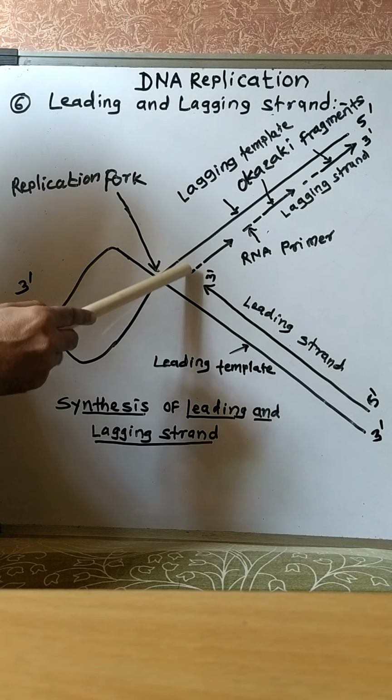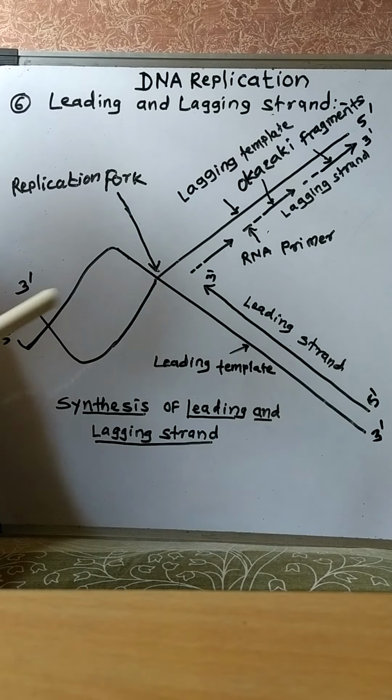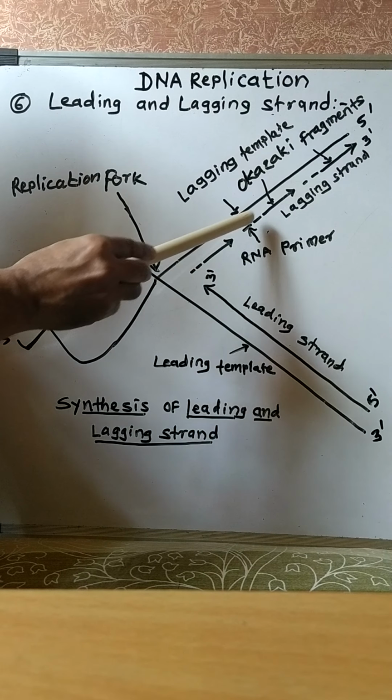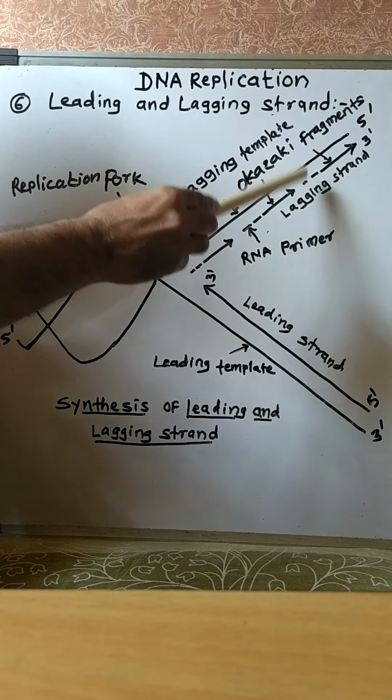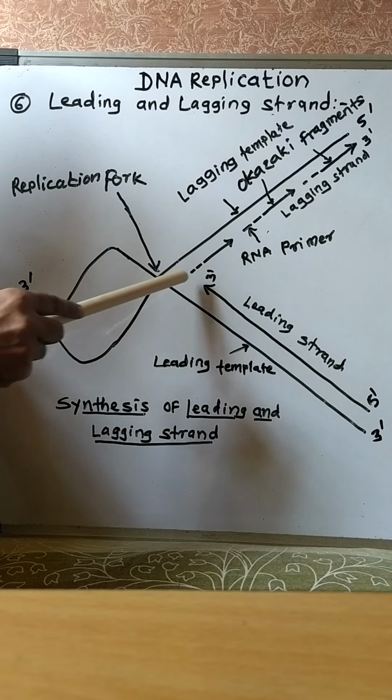Then these RNA primer molecules are removed with the help of DNA polymerase enzyme from the lagging strand, and the RNA primer is replaced with DNA sequence.